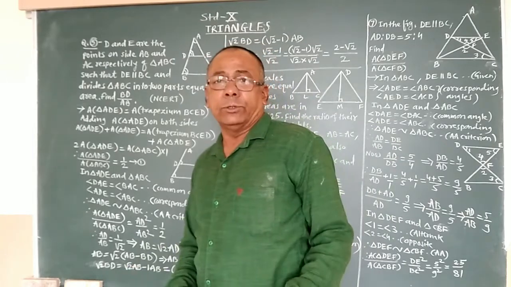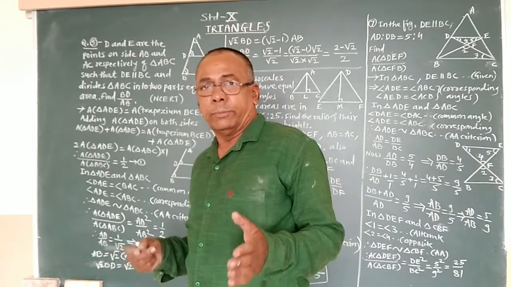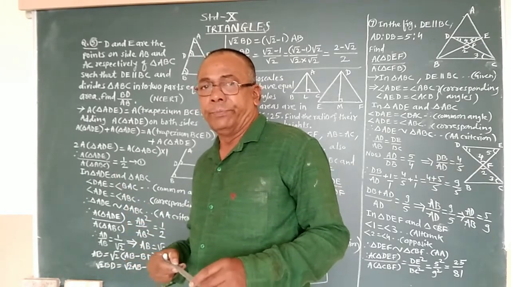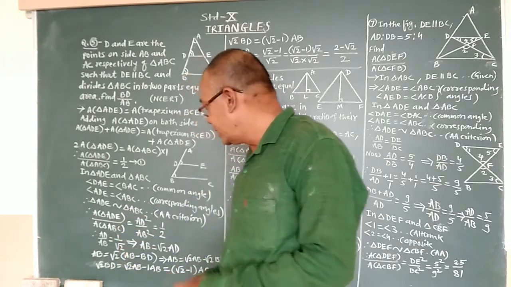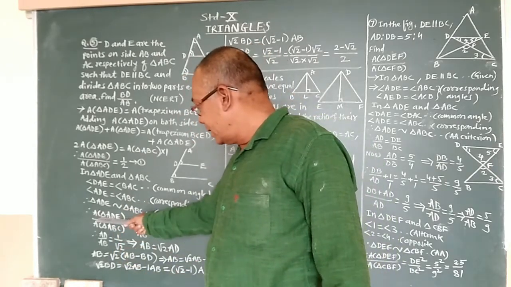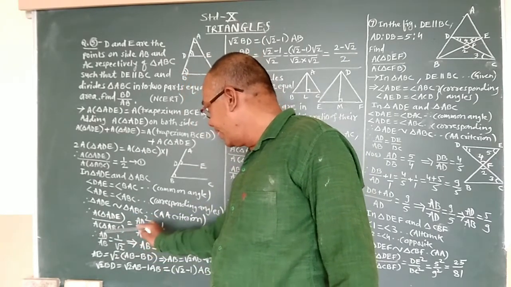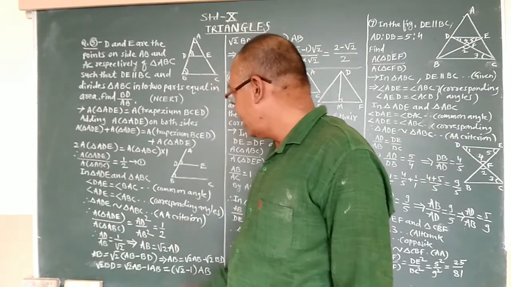We know that if two triangles are similar, then the ratio of the areas of the two similar triangles is equal to the ratio of the squares of the corresponding sides, and therefore area triangle ADE upon area triangle ABC is equal to AD square upon AB square.